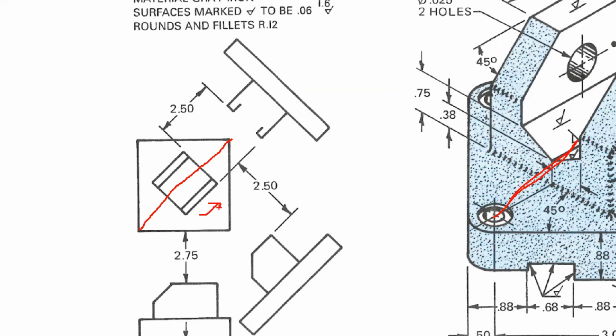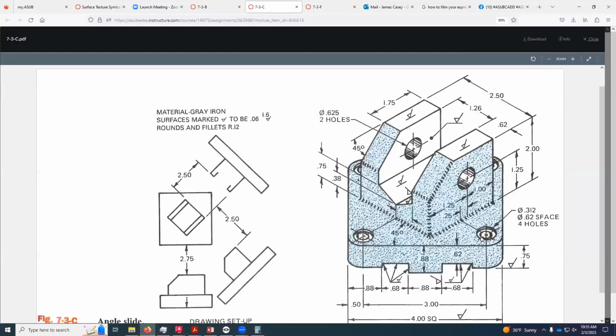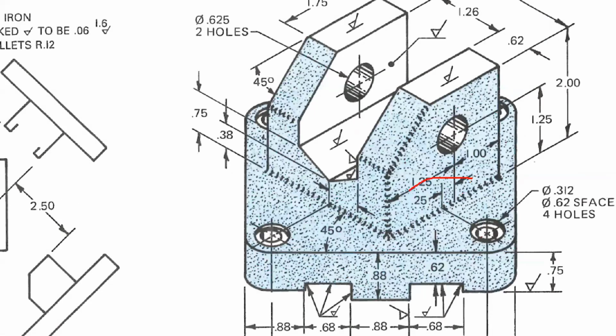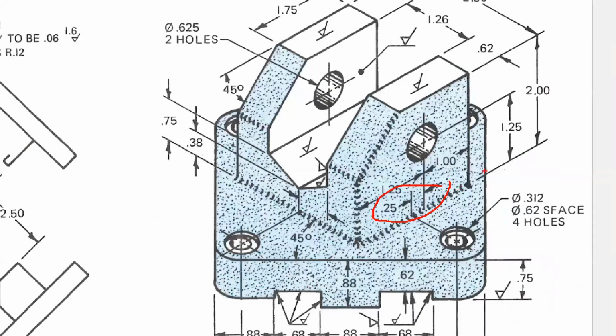But this way, it's actually got a dimension right here of 0.25 that offsets it from the corner. So you go quarter inch this way, 1 inch this way to find this back edge right here. And then you're 2 1/4 this way forward. So you kind of got to dance around with those numbers a little bit to get it positioned right.